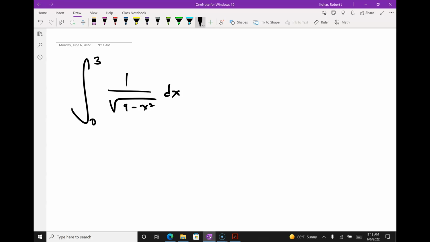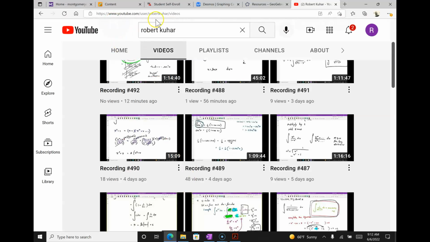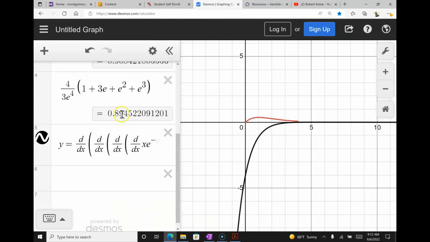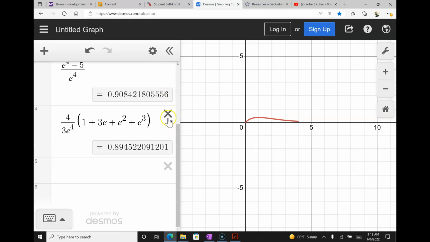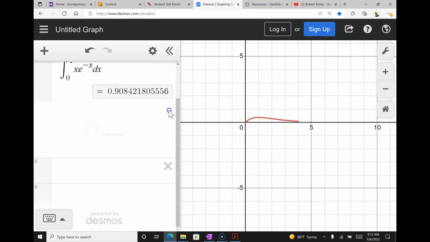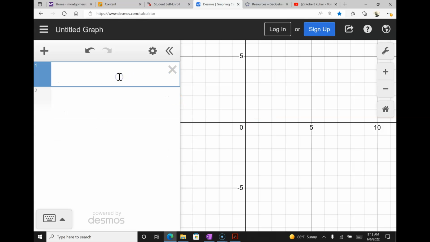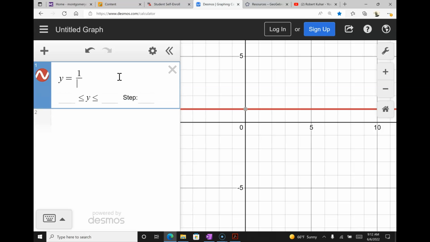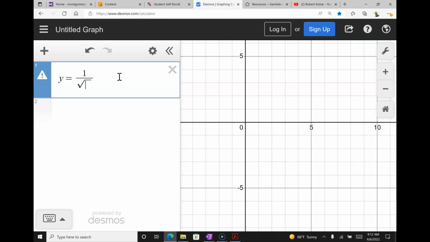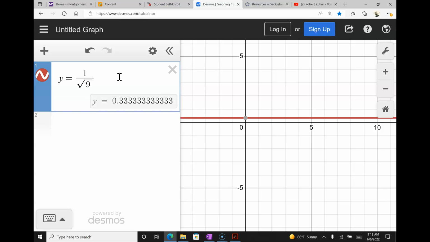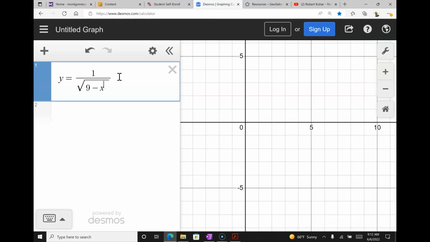So I know the issue is at 3, but I'd still like to be able to see it. So y equals 1 divided by square root of 9 minus x squared.